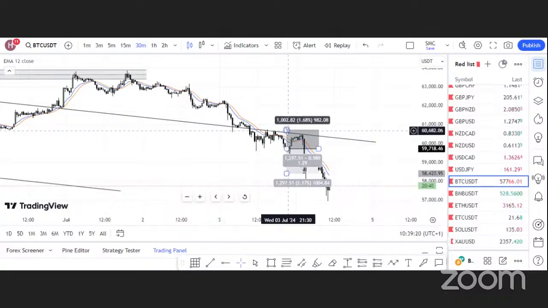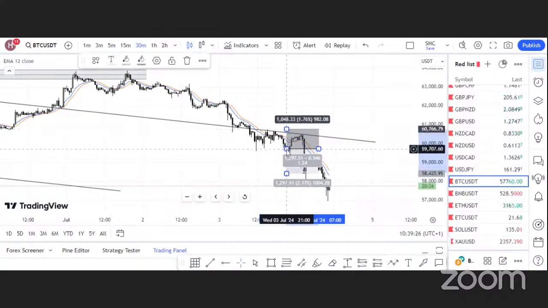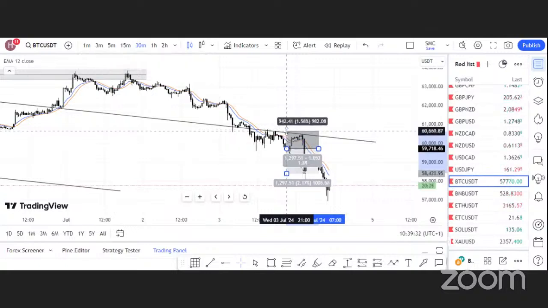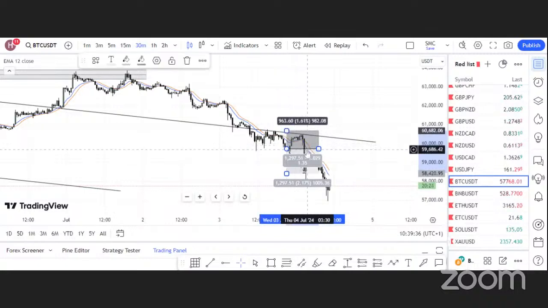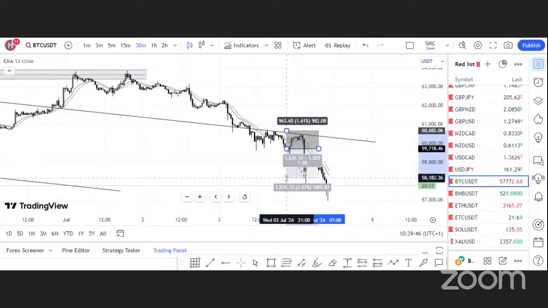So while I was making the analysis on Solana USDT, it took some time to make analysis on BTC USDT too, and this is what I came out with. This is my entry point, and you see how the market almost took me out of the market before hitting take profit.